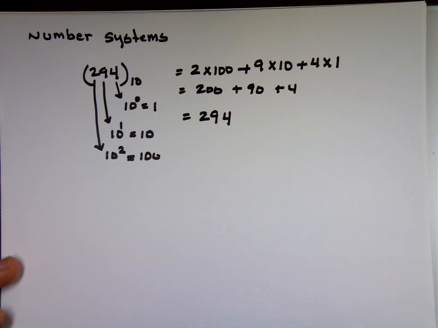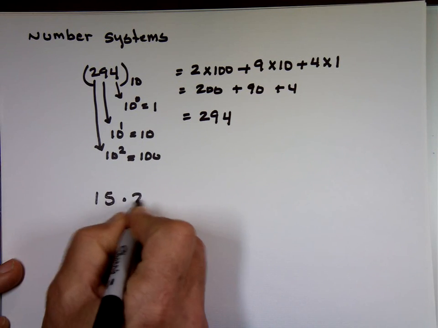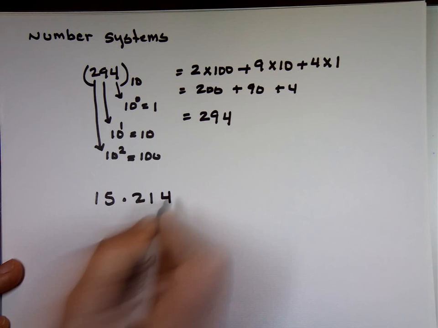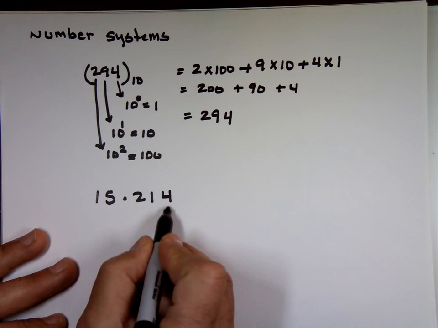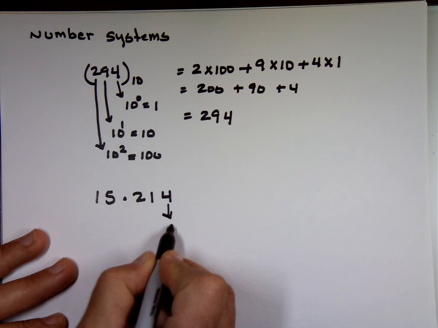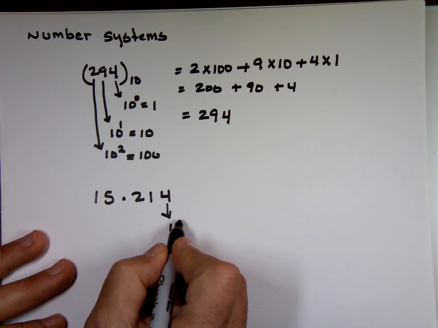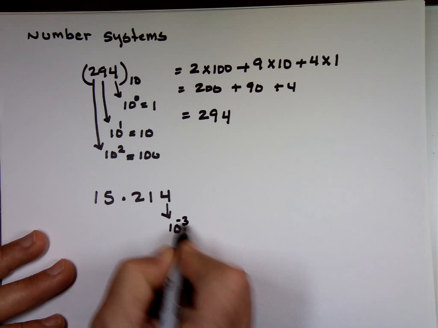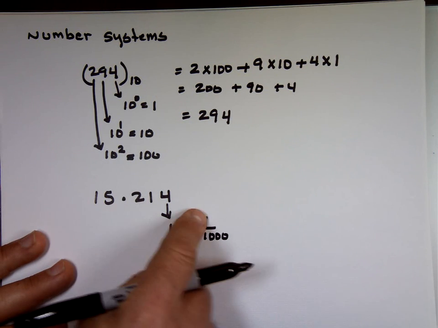And if that number has a decimal, let's say it was 15.214. The weight of this one is what? 10 to what power? How about negative 3? So that's 1 over 1,000. Number 3 digits to the right.